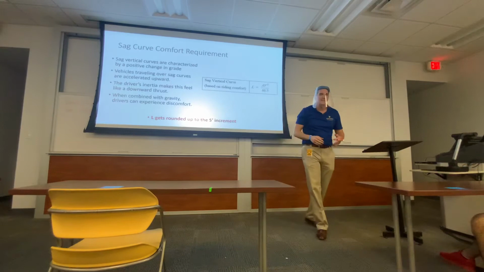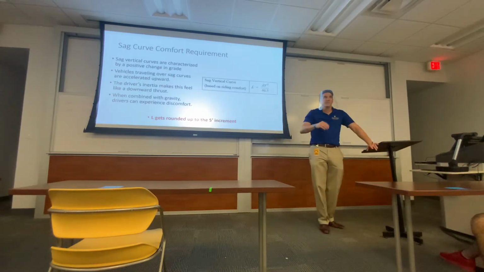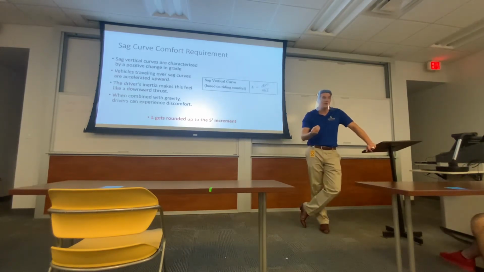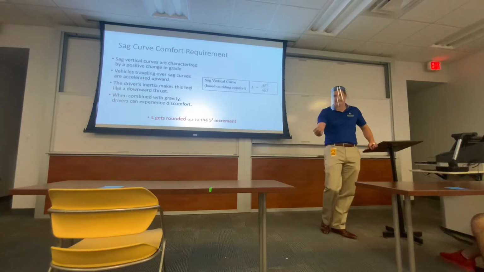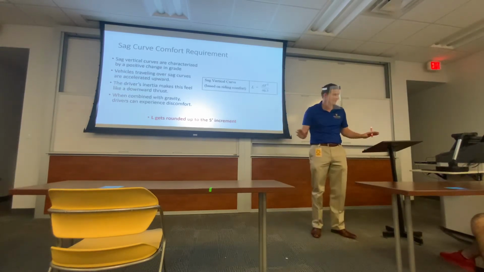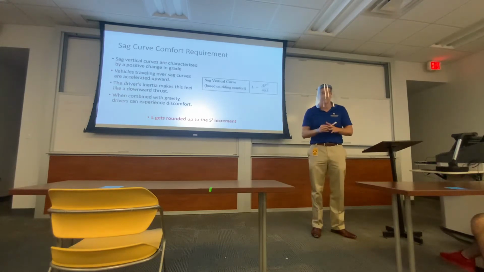And that is to say that you might be able to see adequately, and you might be able to bring your car to a stop adequately, but we don't want you to experience this feeling of discomfort, which may cause you to slow down or swerve or brake. We don't want to present you with anything that is not expected. It's one of the fundamental rules of traffic engineering: don't surprise your drivers.